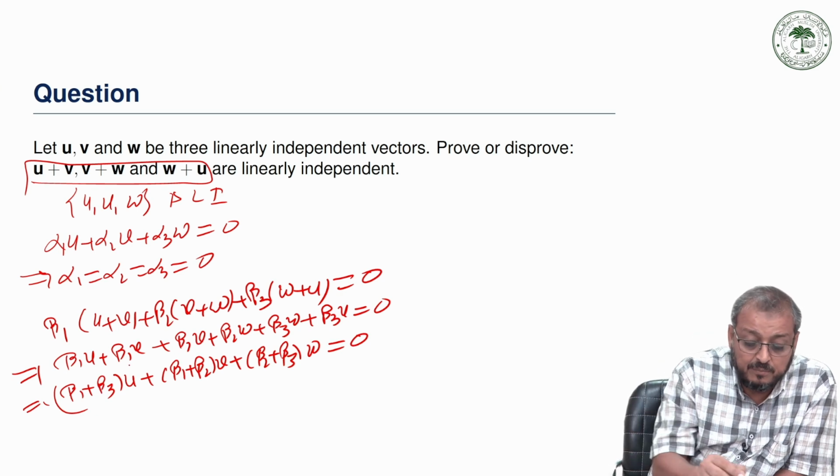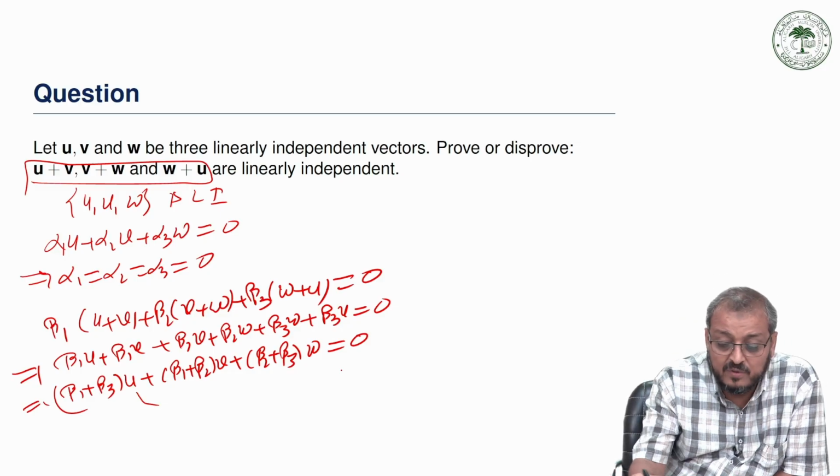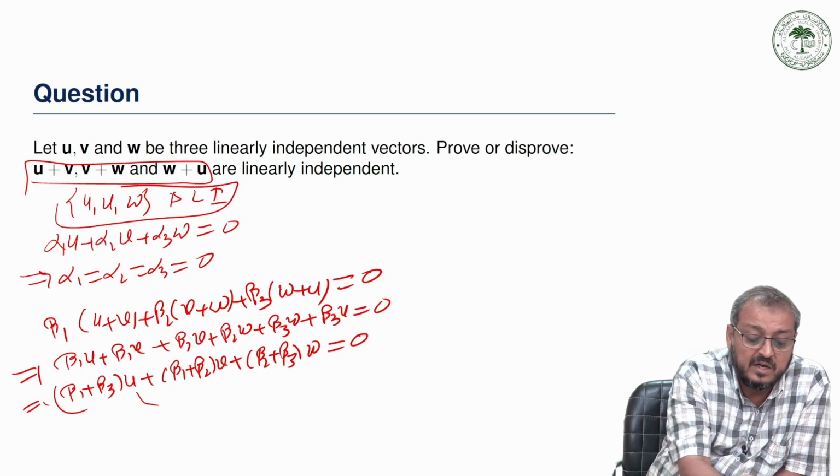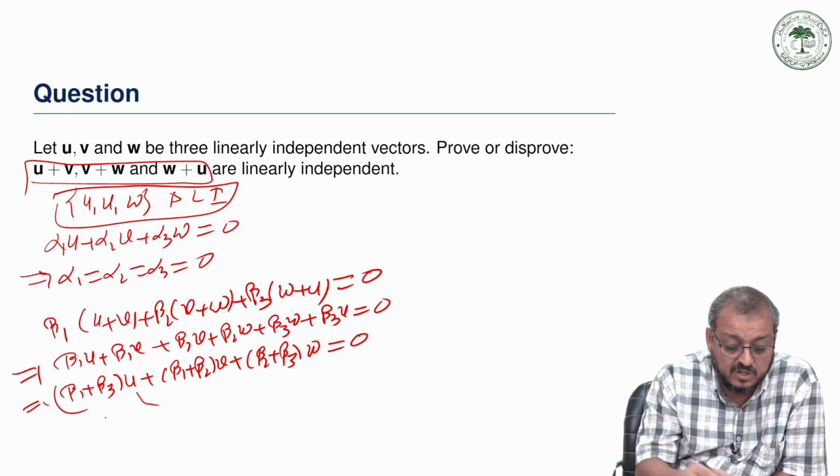Now, u, v, w are linearly independent, as given. So the scalars must be equal to 0.